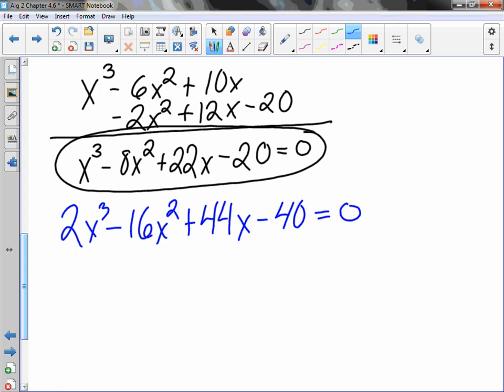Well, what did I do from the one that we got to the one in blue? I multiplied everything by 2, yes? So if I were to solve this, our first step we could do is factor out the 2, yes? And we would get the exact same answer, wouldn't we? So I didn't change the answers by multiplying everything by 2, did I?